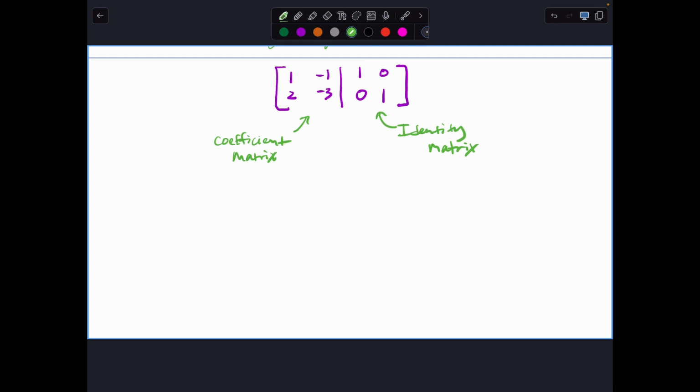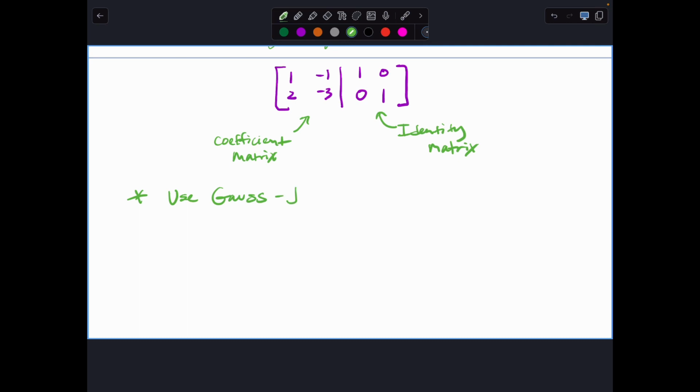So here's what we're going to do. We're going to use Gauss-Jordan elimination, and the right-hand side, that identity matrix, is going to end up turning into the inverse matrix. Let me write this down so you can reference it.